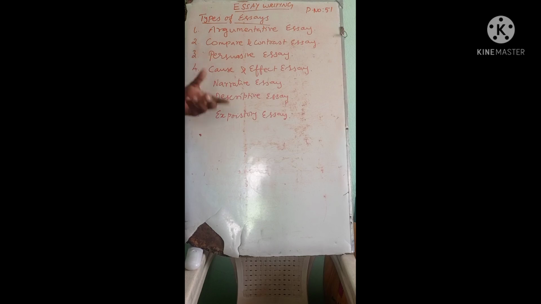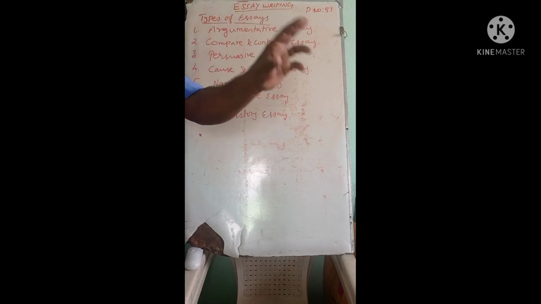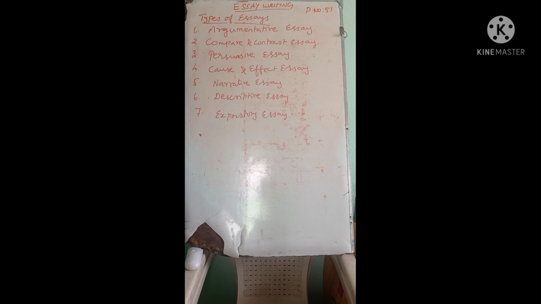So persuade, you know that, brainwash. Okay. Cause and effect. Cause means reasons. Effect means result. So a cause and effect essay means the writer writes some reasons, and for those reasons, the result also has to be produced in his essay.